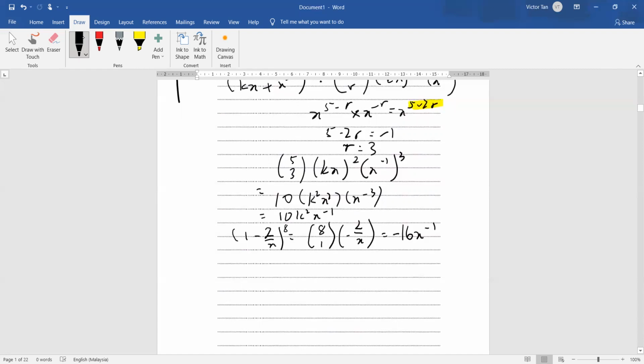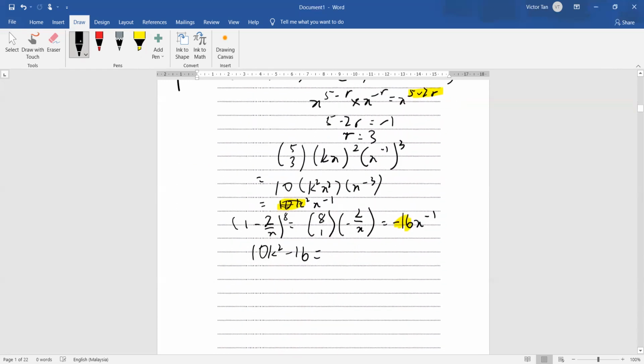Adding the two coefficients is 10k squared minus 16. Get what the question is saying. The coefficient is 74. So you have 10k squared equals 90. k squared is 9. k is only 3, because k is a positive integer.